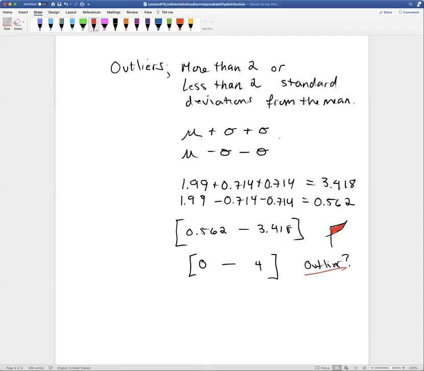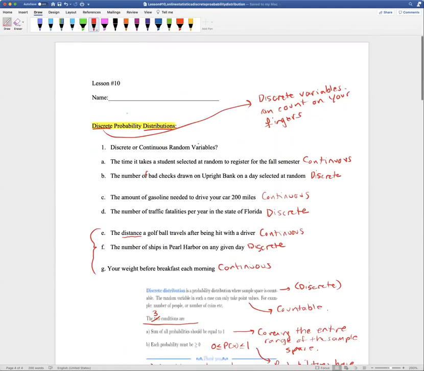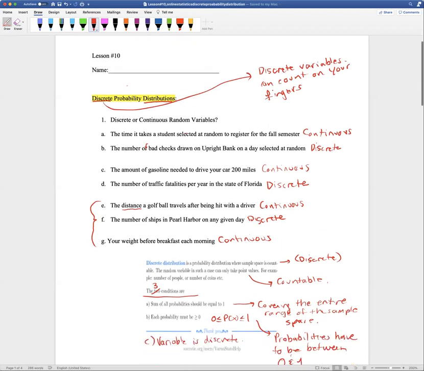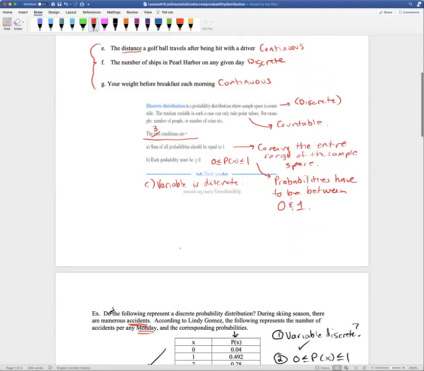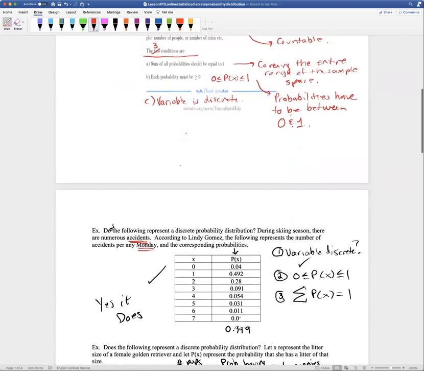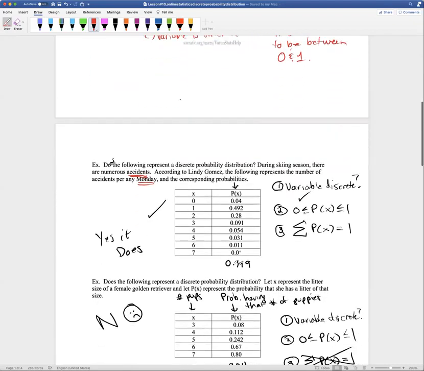Okay, so let's recap everything that we just talked about. We reviewed what a discrete variable is. We talked about the 3 conditions of a discrete probability distribution. We talked about what x is and what p of x is: one is the variable, the other is the probability associated with that variable.